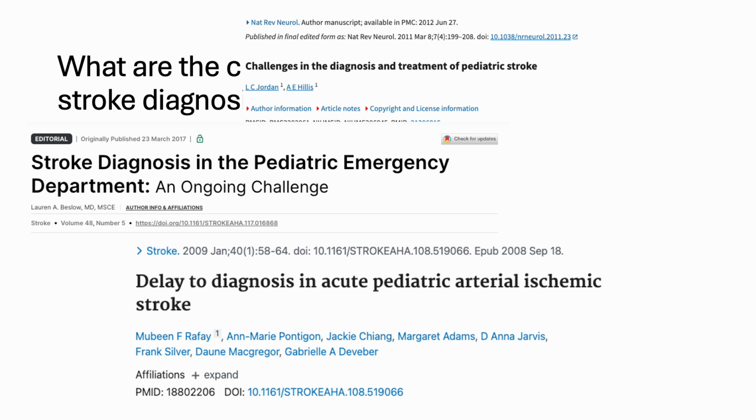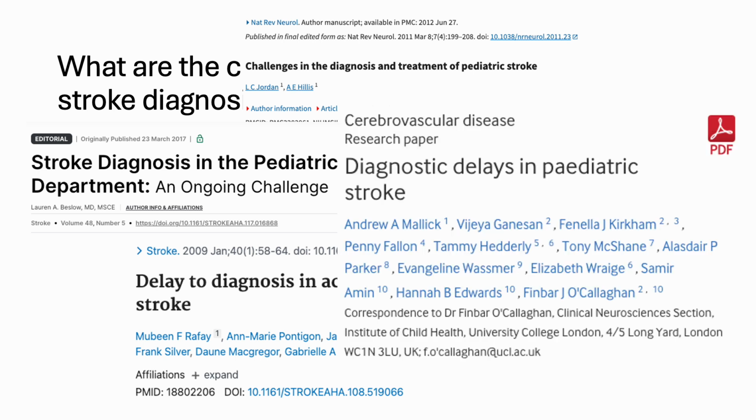And this study found that the median pre-hospital delay from symptom onset to presentation for stroke presentations in children was 1.7 hours. Now, the median in-hospital delay from presentation to diagnosis was 12.7 hours, which gives us a bit of an insight as to the causes of delay within pediatric stroke.